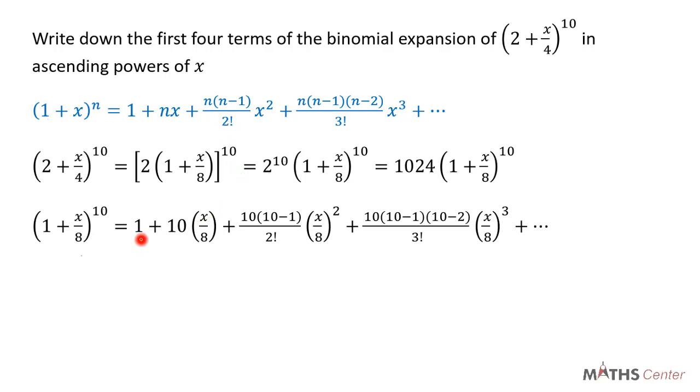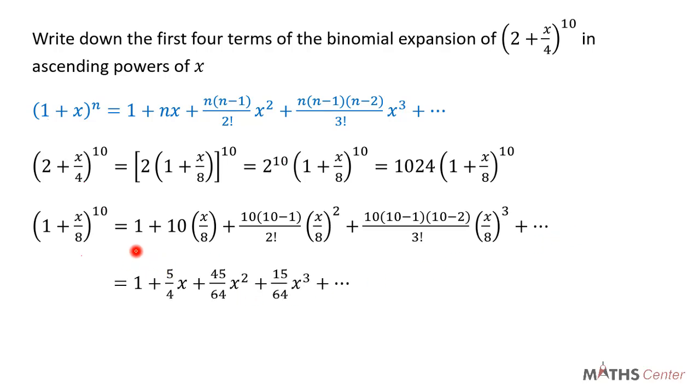When we do that, we are going to have 1, the first term is always 1, plus the second term is n times x, n is 10, x is x/8, plus the third term will be 10 times (10 - 1)/2! times (x/8)^2, plus the fourth term will be 10 times (10 - 1) times (10 - 2)/3! times (x/8)^3. Then you bring the addition sign and the 3 dots to show that there are other terms that follow this. Now let's simplify this.